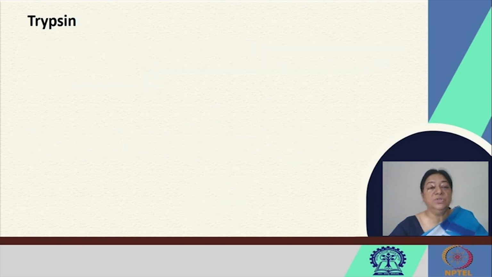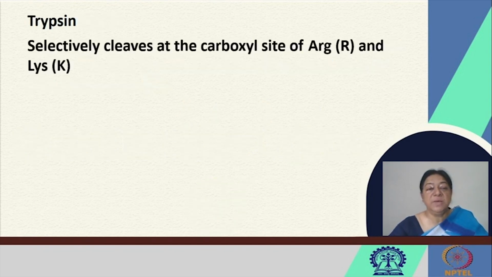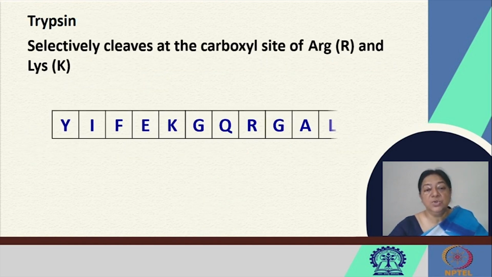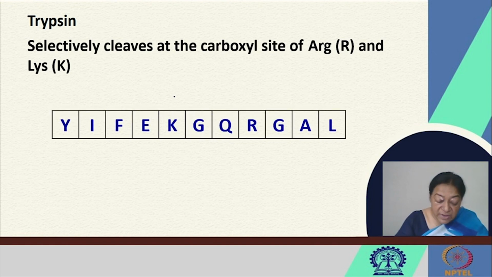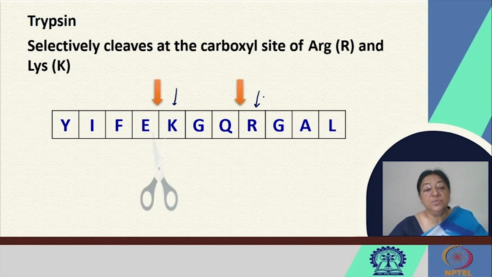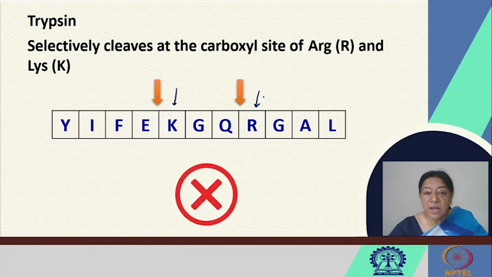Similarly, we can use trypsin. In the trypsin method, we find out that this selectively cleaves at the carboxyl site of arginine and lysine. So in this case, if we try and identify where we have our lysine and arginine, then we would know that this will cleave at the carboxyl side. So this is not the carboxyl side, but it is the N-terminal side of the specific amino acid.